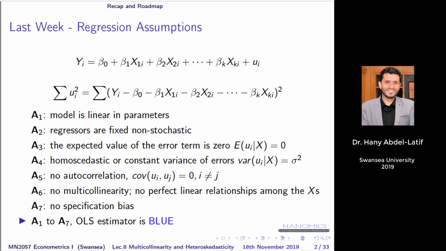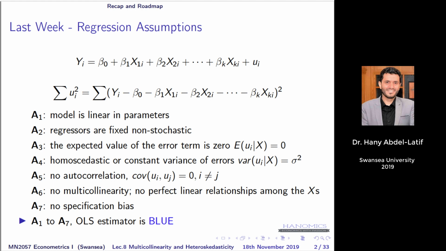No multicollinearity, assumption 6, which means no perfect linear relationship among the x's or the regressors. So this is an assumption. Then we need to see how to make sure that this assumption is true, and what if it is not, what should we do? Okay?